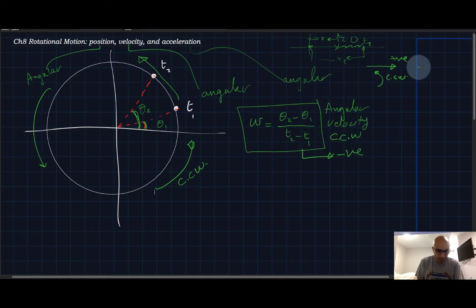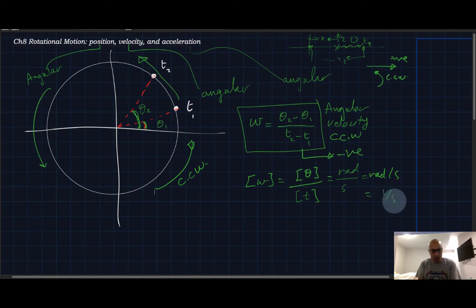Okay, now what is the unit of omega? It's the unit of theta divided by the unit of time. Remember, the unit of theta is not really an angle, it's rad, it's an indication, and the unit of time is second. So this is rad per second, or some people just say simply 1 per second. That's actually possible. Now, where did we see 1 per second before? That's for the hertz, that's a frequency.